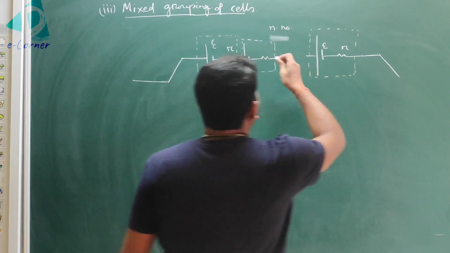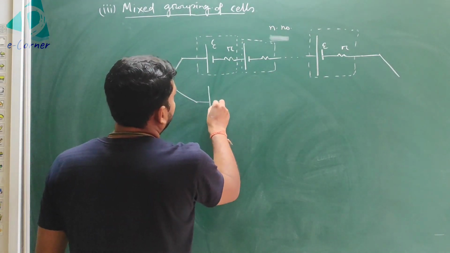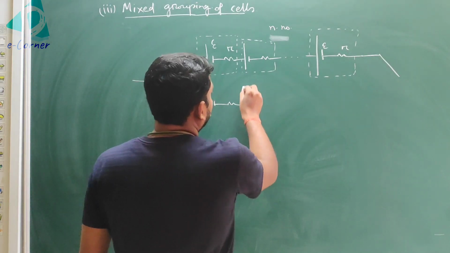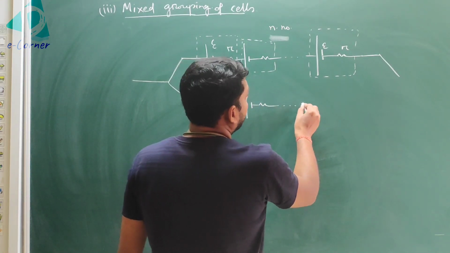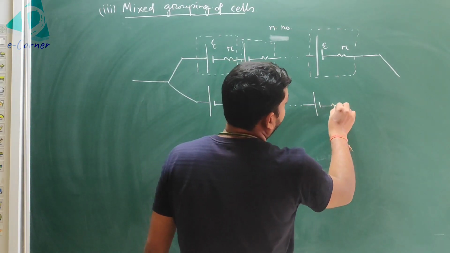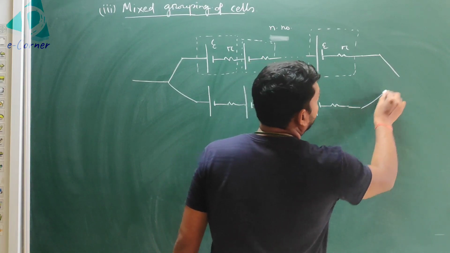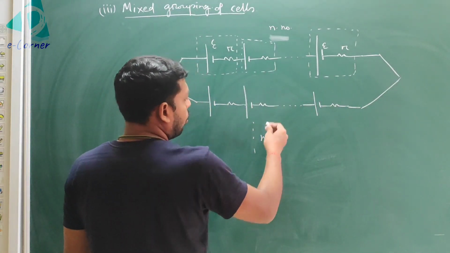Similarly, like this, we will add m rows. This is one battery, again this is another battery of cells. Again, n number of cells are connected here. Like this, we are having m rows.